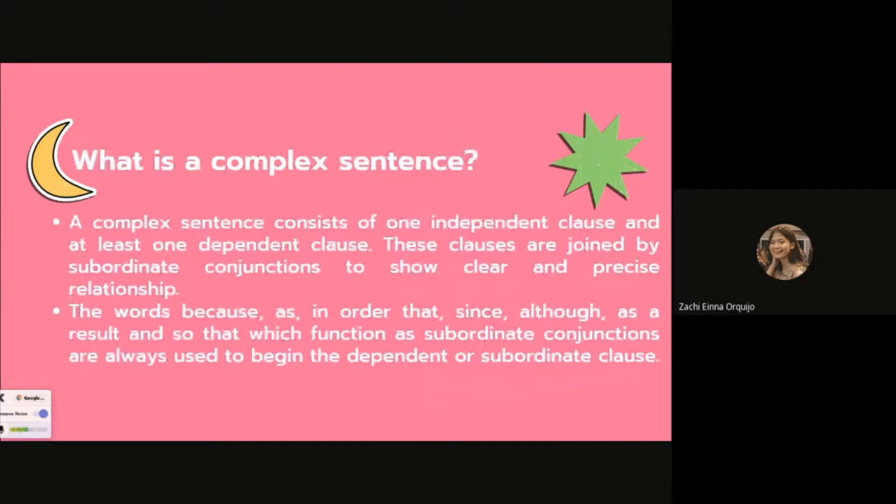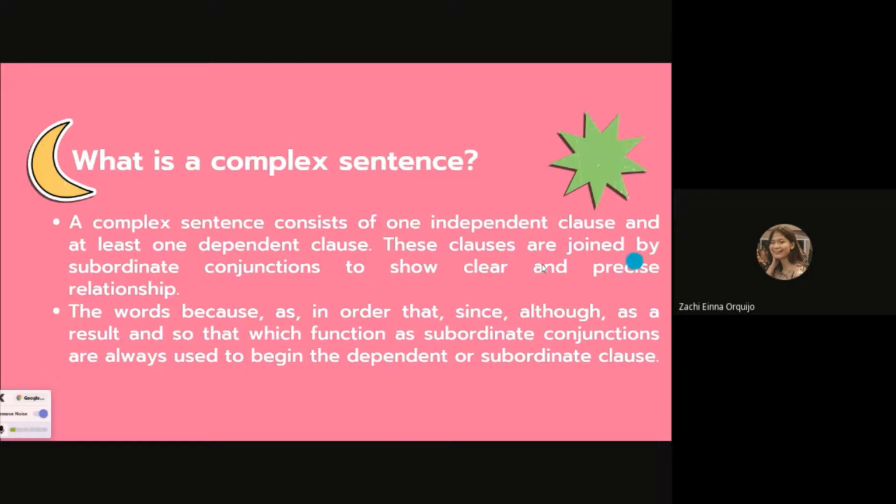So, para mas malinaw kung anong ibig sabihin ng complex sentence, a complex sentence consists of one independent clause o yung buo yung diwa, no? And at least one dependent clause o hindi buo ang diwa. So, kapag pinag-combine or pinagsama natin ang isang independent clause na kayang mag-isa at isang dependent clause na hindi kayang mag-isa or hindi kompleto ang diwa niya, we call that complex sentence.